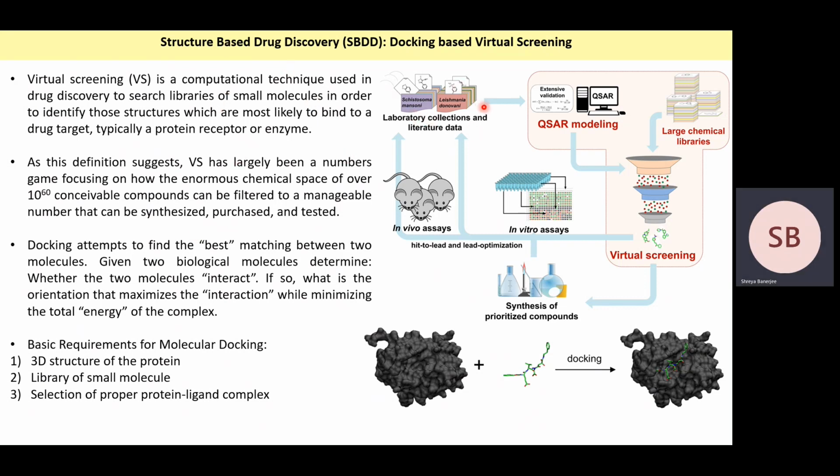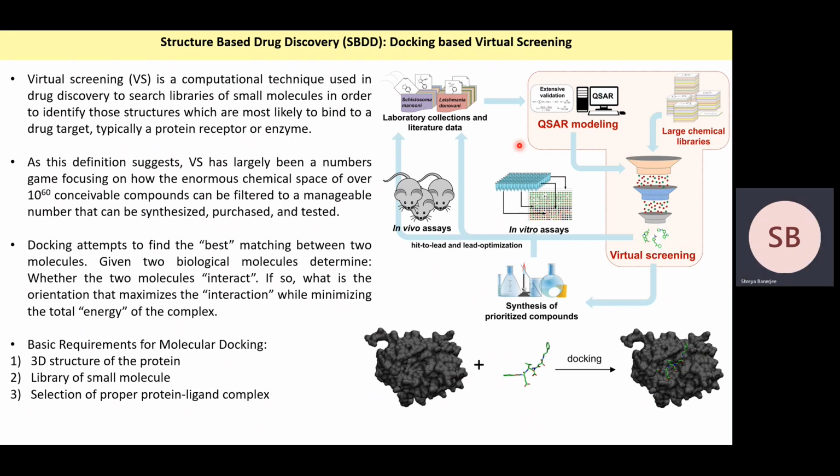In virtual screening, from literature and laboratory experiments, there is a library of small molecules. These molecules can undergo QSAR modeling. Using QSAR modeling, we can choose a smaller library of compounds which are then screened virtually.